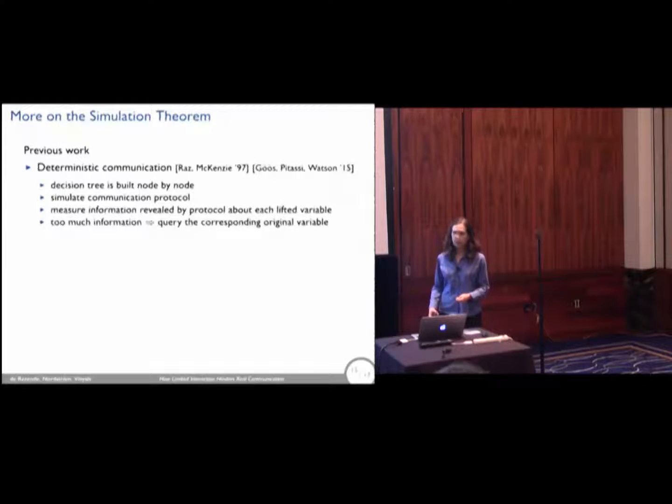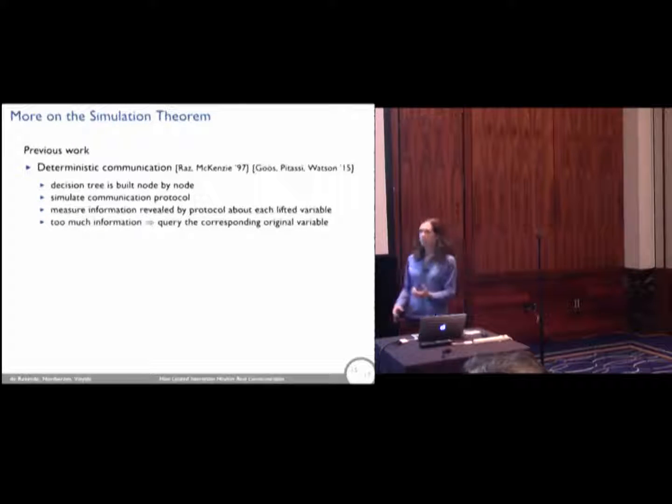And as soon as there's too much information revealed, then it queries the corresponding original variable. So the idea here is that the decision tree cannot risk that the communication protocol figures out the value of an original variable before it has queried it. So as soon as there's too much information, it queries this variable.